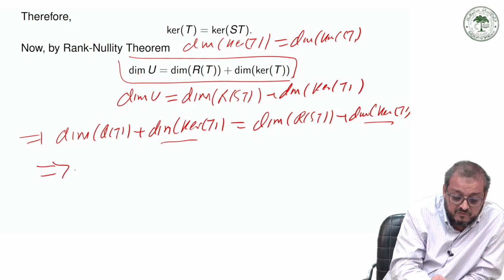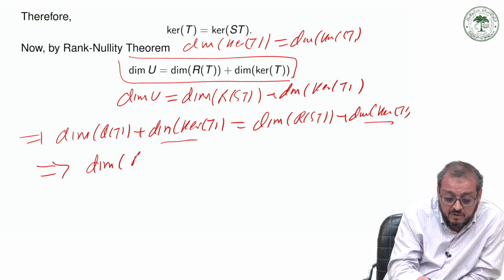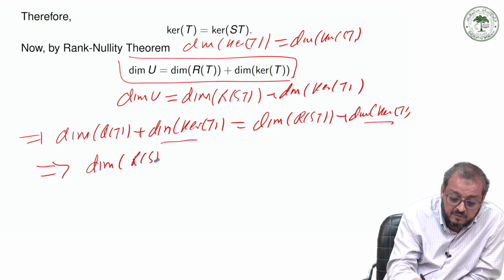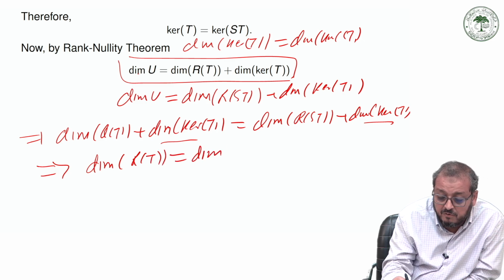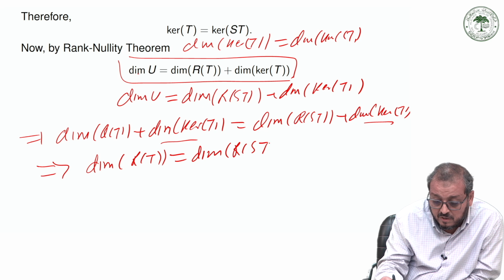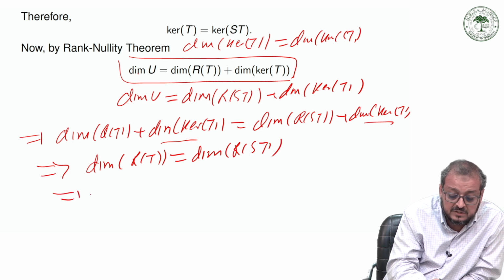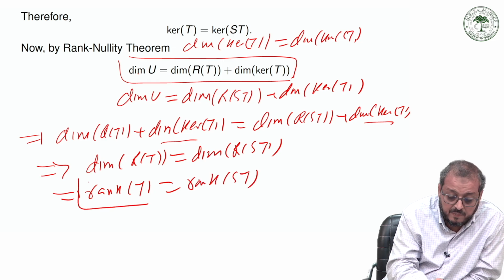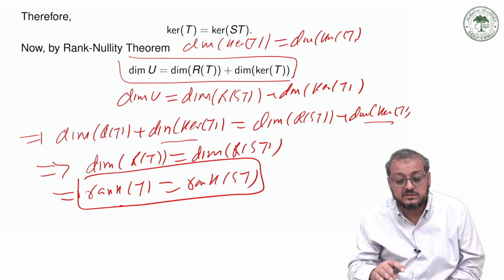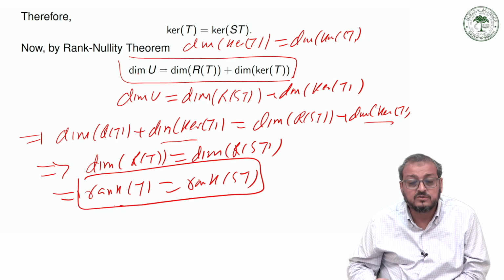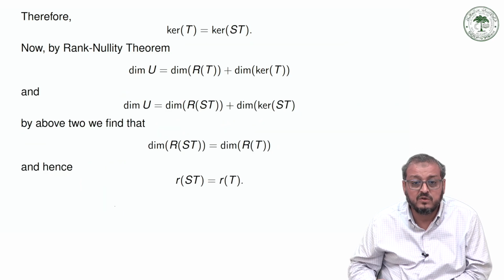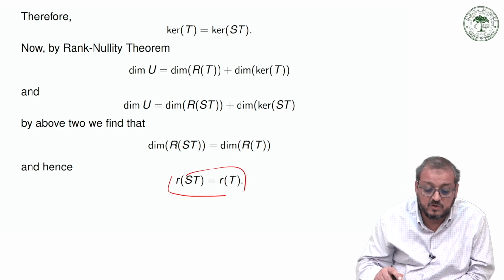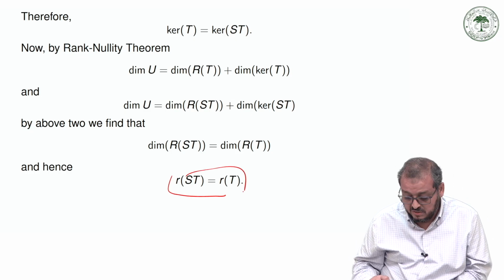So ultimately what we have to show is that the dimension of the range of T is the same as the dimension of the range of ST, that is, the rank of T is the same as the rank of ST. Okay, now this completes the solution of this problem. So the range of ST equals, we have proved in this form.